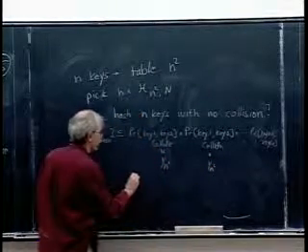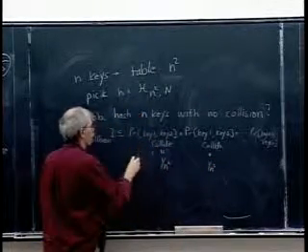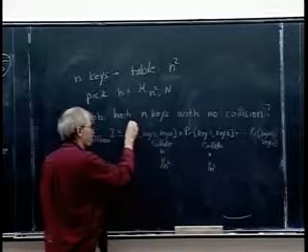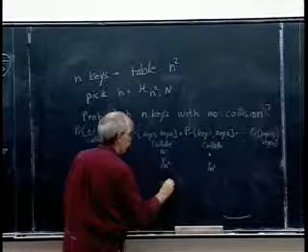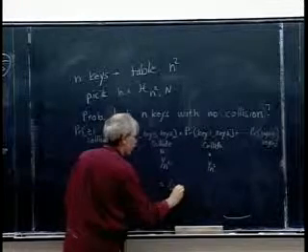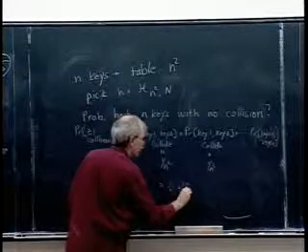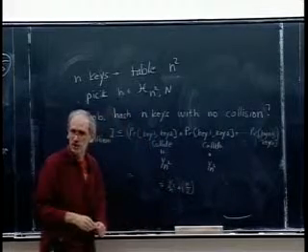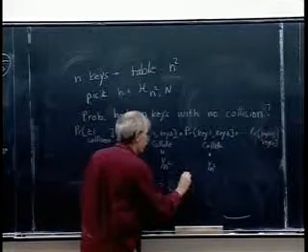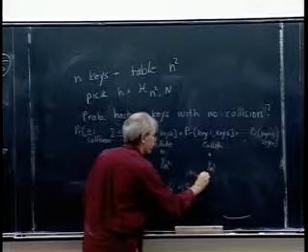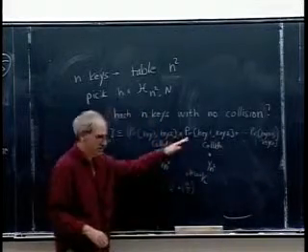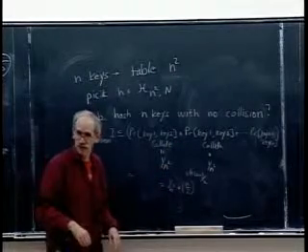So this expression here is equal to 1 over n squared times n choose 2. And n choose 2 is just n times n minus 1 over 2, which we can upper bound by n squared over 2.